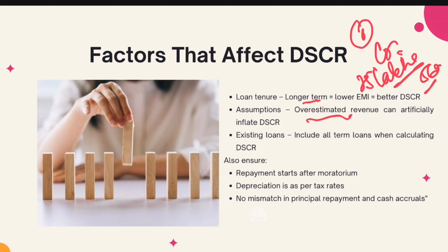So existing loans: include all term loans when calculating DSCR. Most of the credit officers forget this, but since he is paying the EMI, that will also be his expenditure, right? So it must be taken into consideration, both the existing loans' interest and existing loans' principal repayment. Also ensure repayment starts after the moratorium. Suppose, let's take an example, a company has applied for a loan in January.